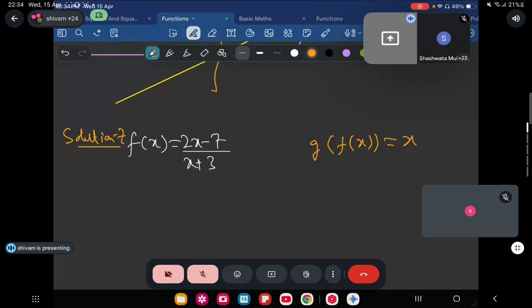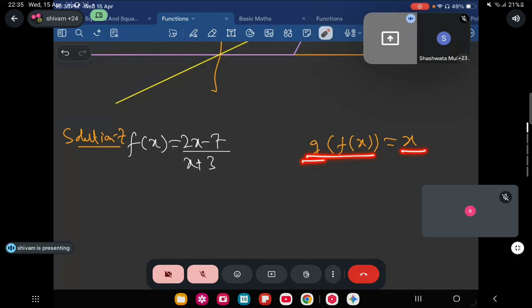Later on in this chapter, you will understand that if g of f of x is equal to x, then g is the inverse of f.